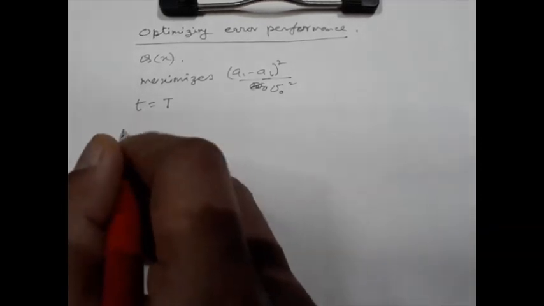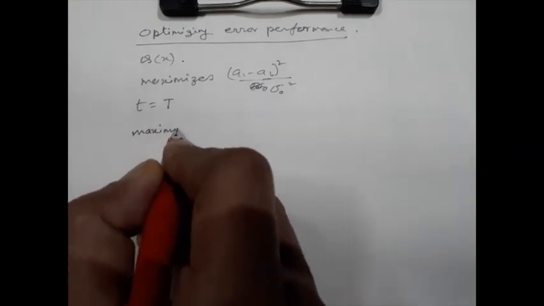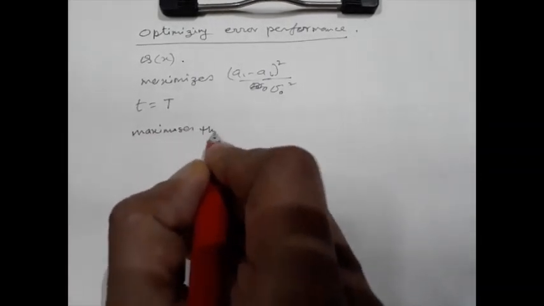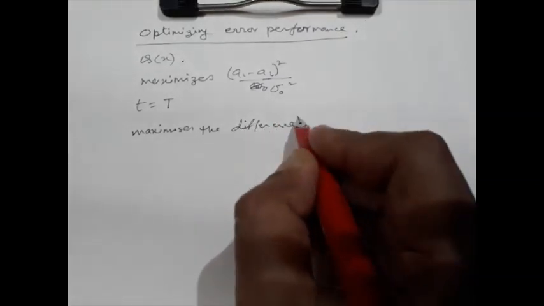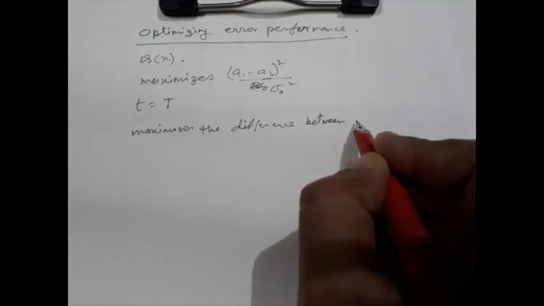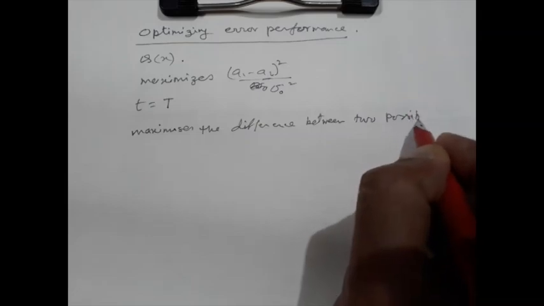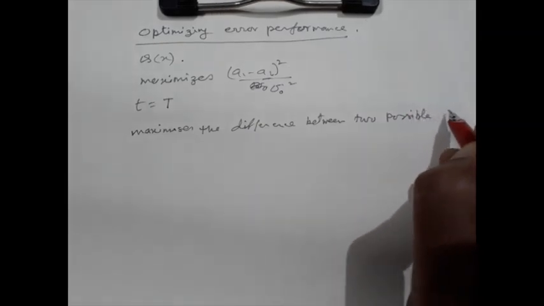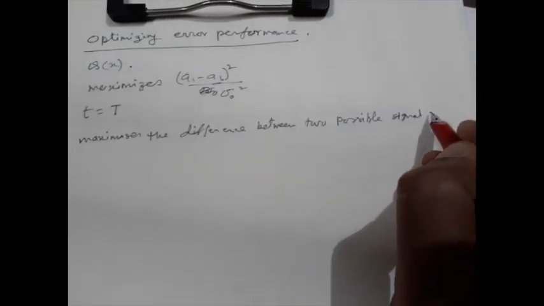So optimum filter means that maximizes the difference between two possible signal outputs.